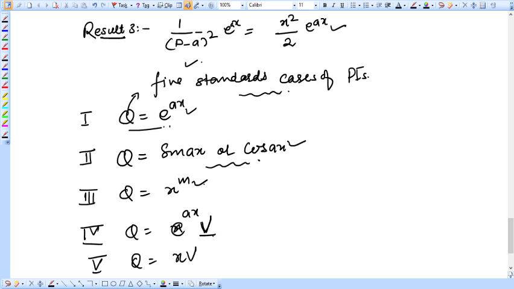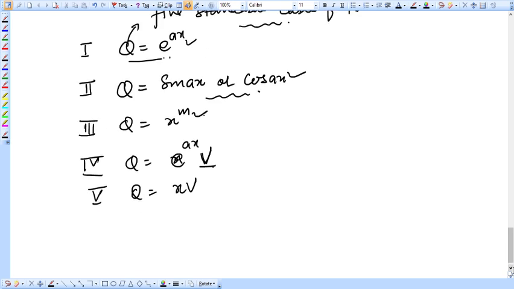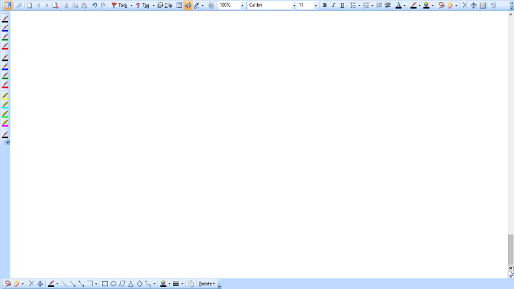So firstly we are going to take the first case, when Q is equal to e raised to the power ax. So case 1, or rule 1.